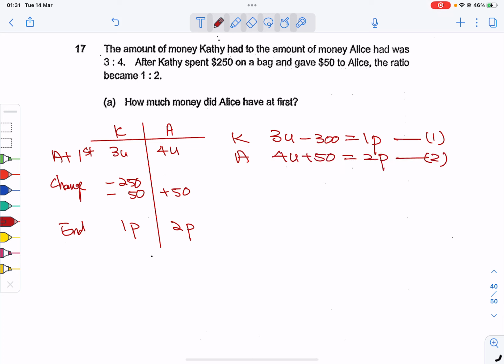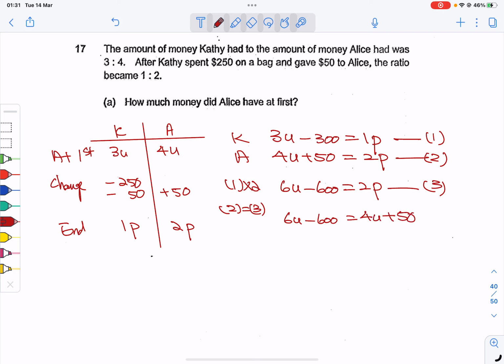So to solve this, we make the parts the same. So we times 2. So 6 units minus 600 is 2p. Now statement 2 equals statement 3 because both are 2p. So I can say 6 units take away 600 is the same as 4 units plus 50.